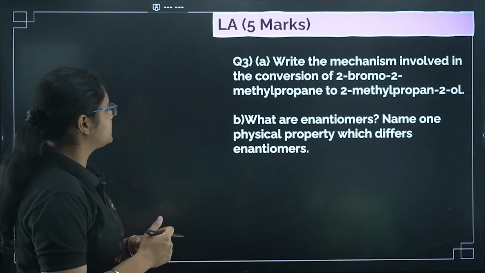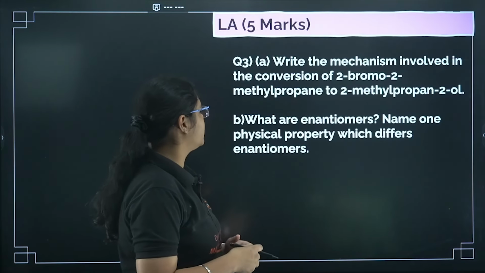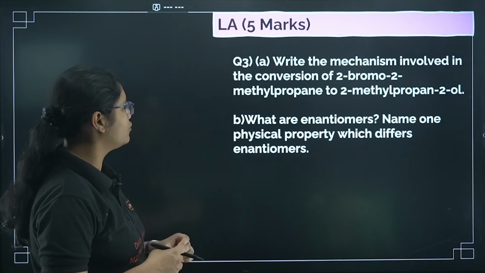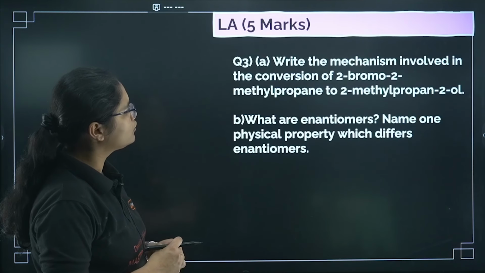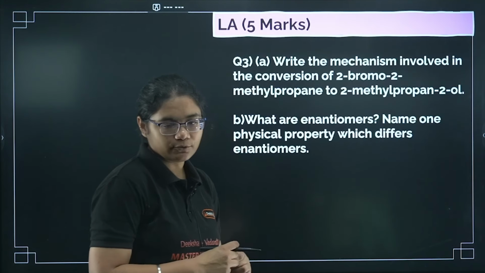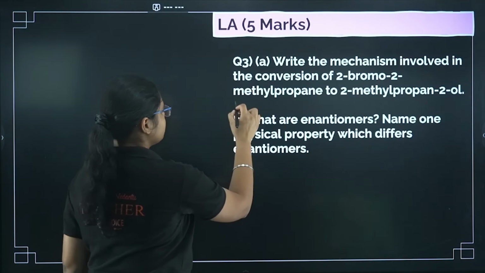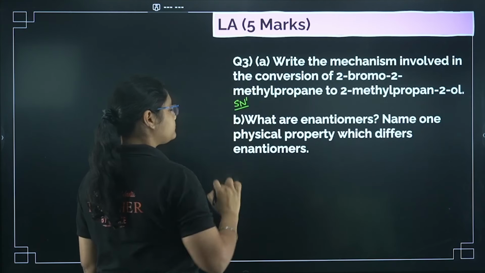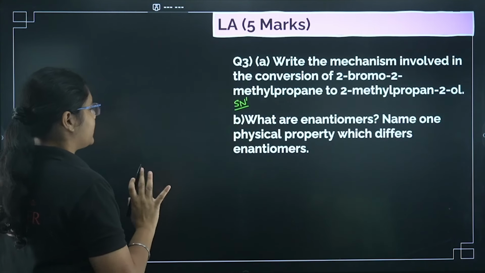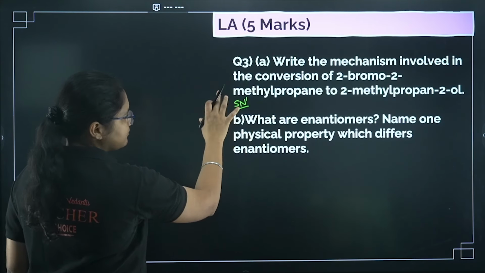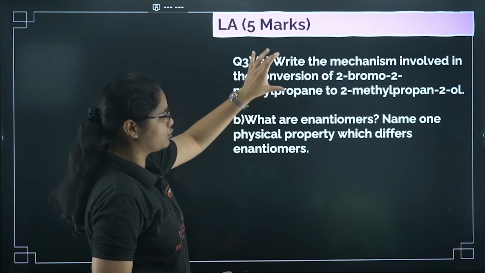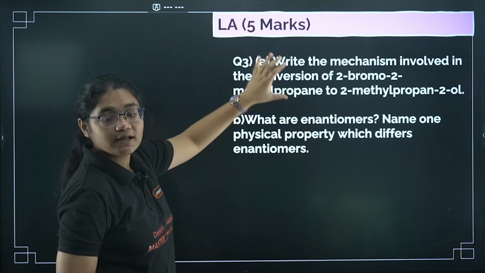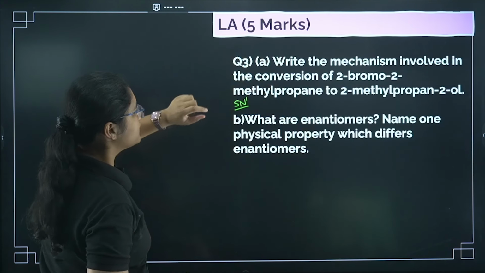Okay, next question, write the mechanism involved in the conversion of 2-bromo-2-methyl propane to 2-methyl propan-2-ol. So this is basically asking for your SN1 mechanism. We have already discussed it, so I'll tell you how to write it here. You can say this is a 3 plus 2 question, 3 marks plus 2 marks. So first thing you have to write is the reaction.